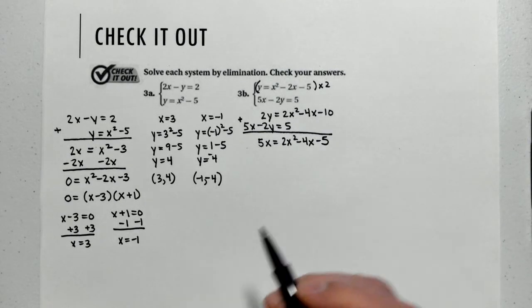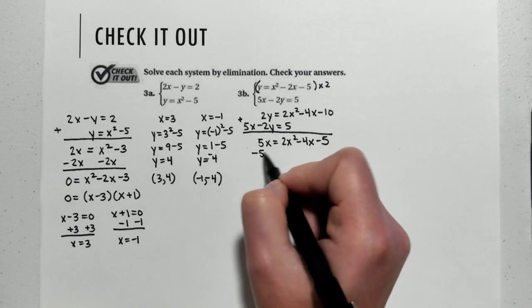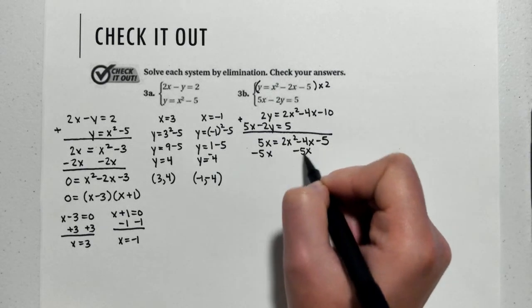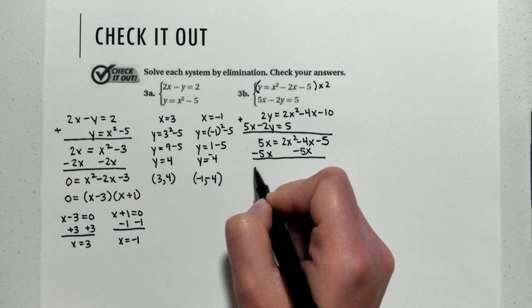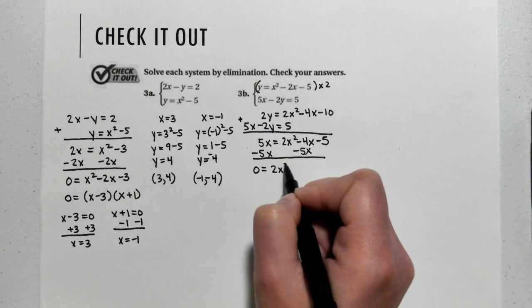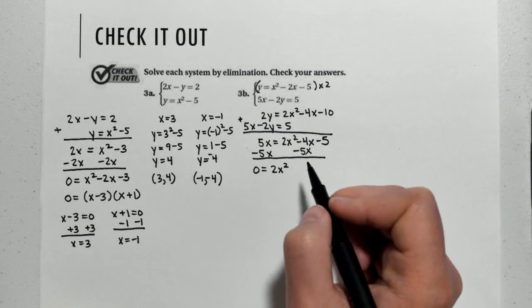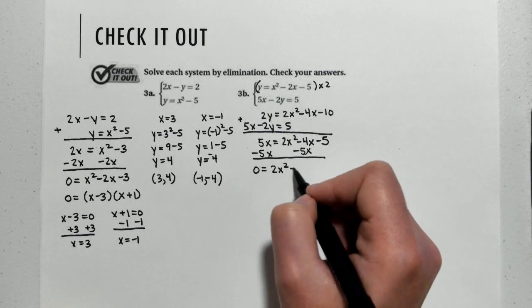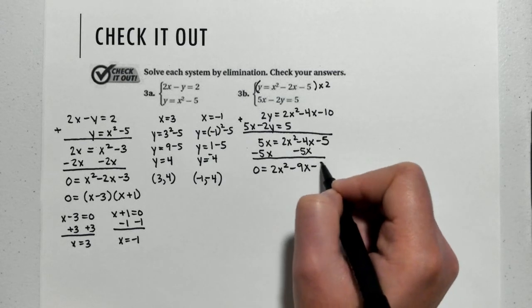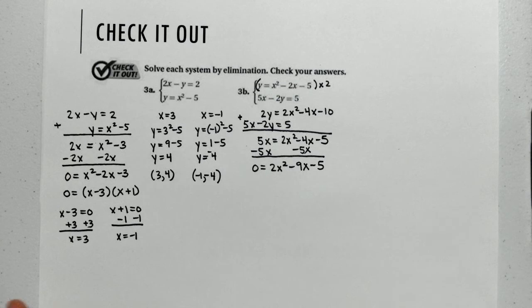Then I'll subtract 5x from both sides to write it in standard form. So I get 0 equals 2x squared. Negative 4x minus 5x will give me negative 9x. And then I have minus 5.